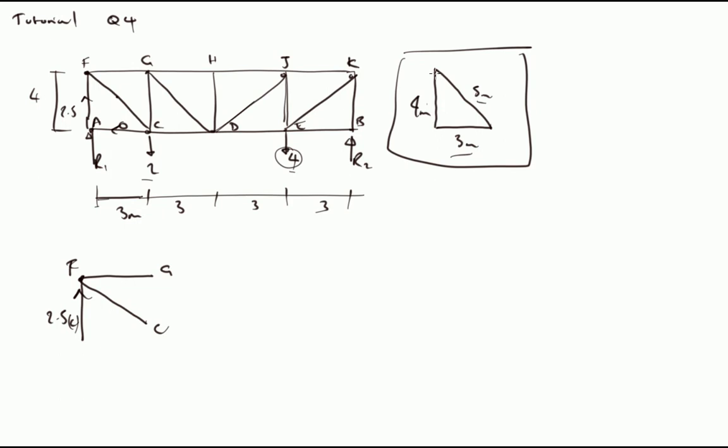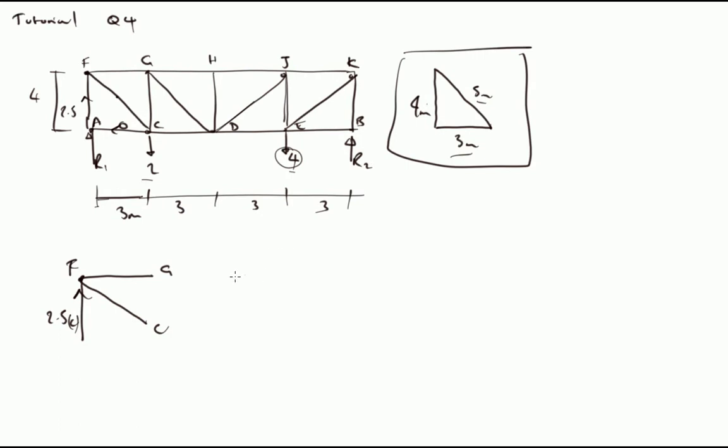We can establish that this diagonal line has a ratio of 5 quarters of the vertical component and 5/3 of the horizontal component.